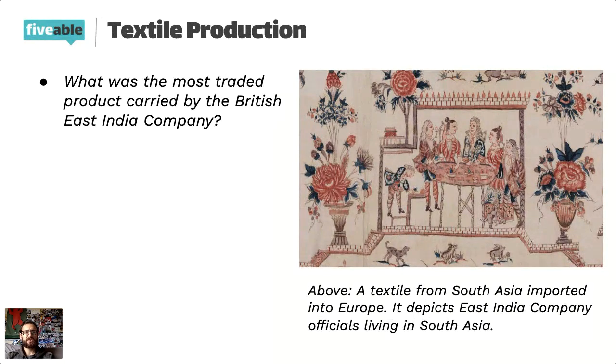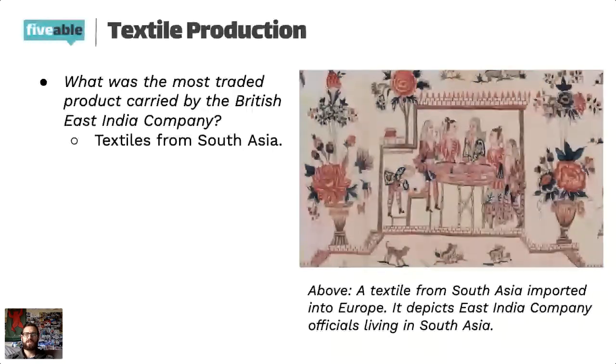Spices, teas, cotton. Well, believe it or not, the thing that was most carried by the British East India Company by volume was actually textiles. And by textiles, I mean clothing, carpets, rugs, drapes, tapestries, right? This was the most traded thing.